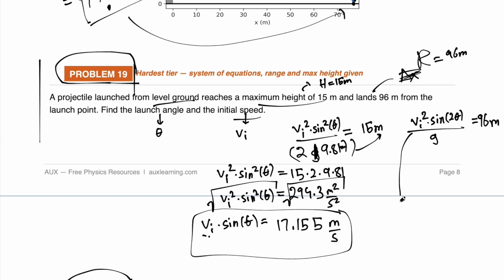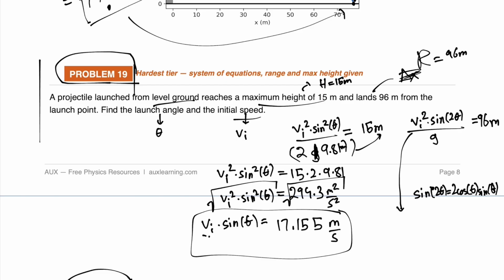Now, over here, velocity initial squared times sine of 2 theta. How can we plug this in? So there's two ways you can use this, right? If you don't know the identity that sine of 2 theta is equal to 2 cos theta times sine of theta, then this might be a bit hard. But if you do know it, it's fine.